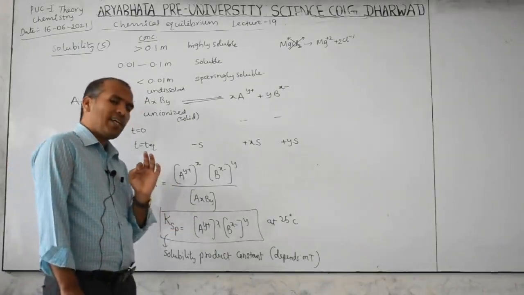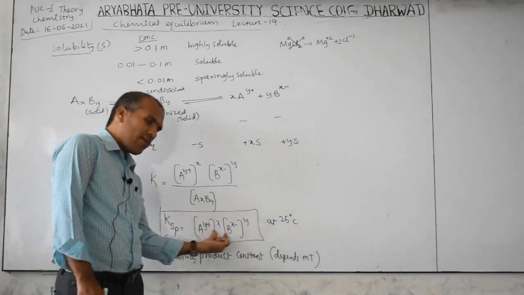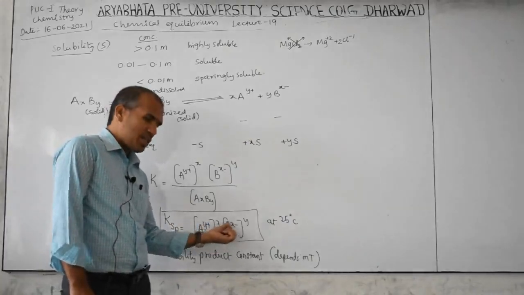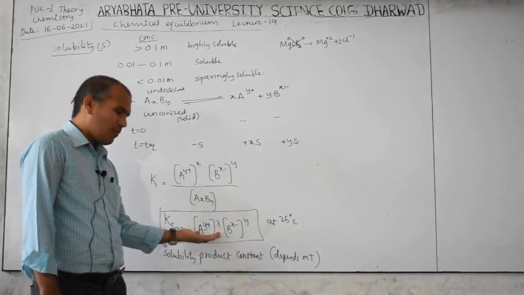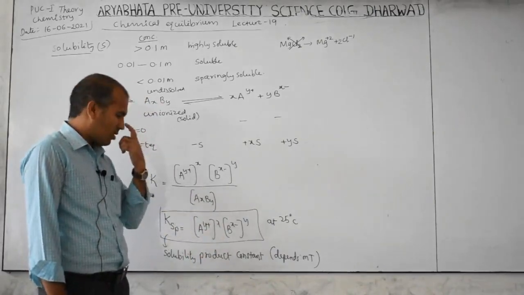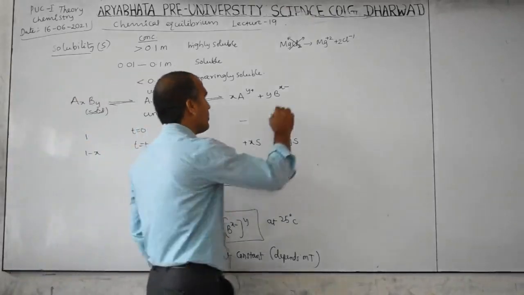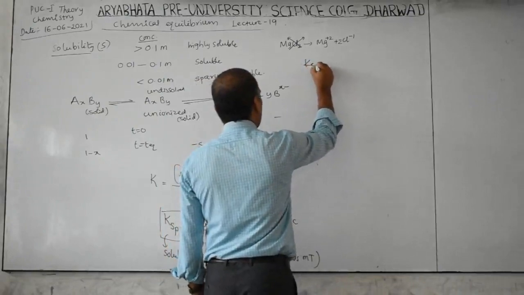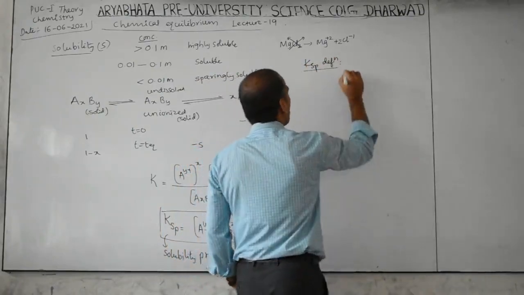So now once again clearly I am telling here, solubility product is the product of concentration of ions and their stoichiometric coefficients are raised to their powers. That I will write here, KSP definition, solubility product definition.